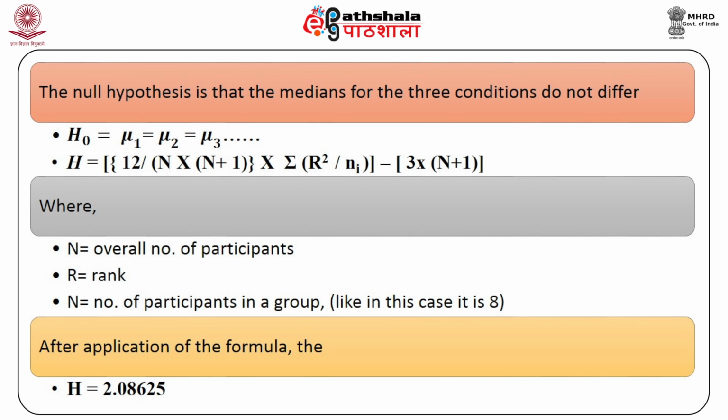The Kruskal Wallis statistic is calculated as given in the equation H equal to 12 upon N into N plus 1 multiplied with sum of R square upon n minus 3 into N plus 1, where capital N is the overall number of participants, R is the rank, n is the number of participants in the group, like in this case it is 8.